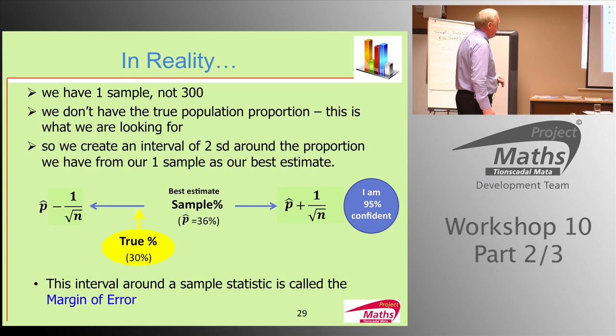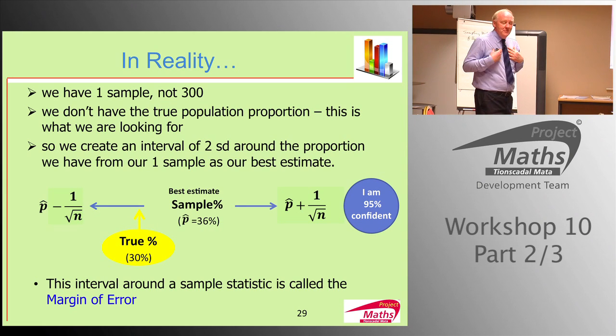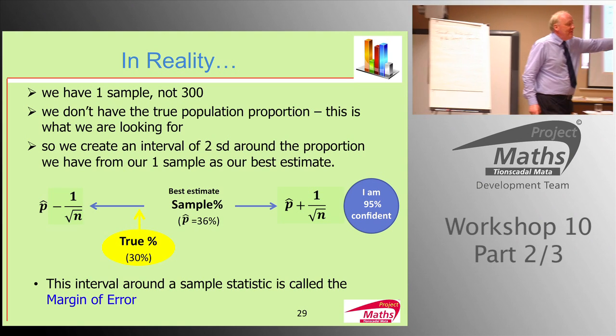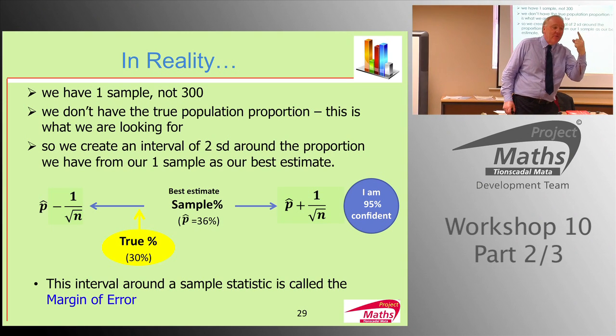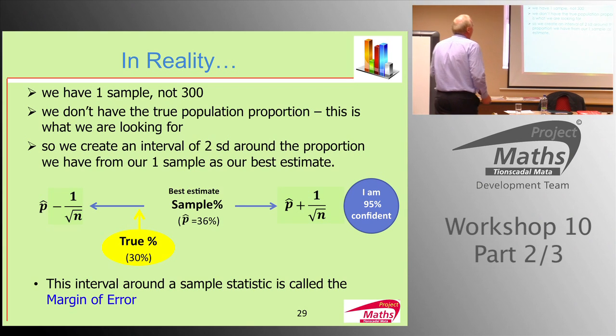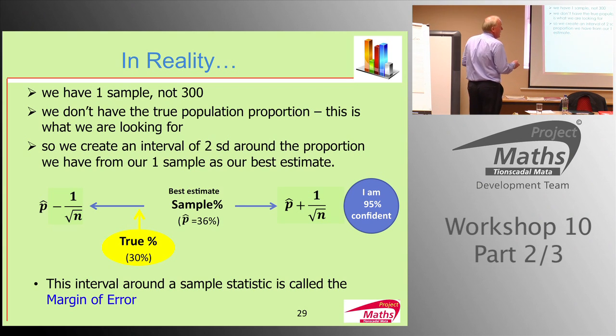Okay, now, in reality though, I won't have the benefit of generating a couple of thousands of those. I'll have 1 sample, not 300. I won't know the true population proportion. Well, that's what I'm looking for, so I won't know that.